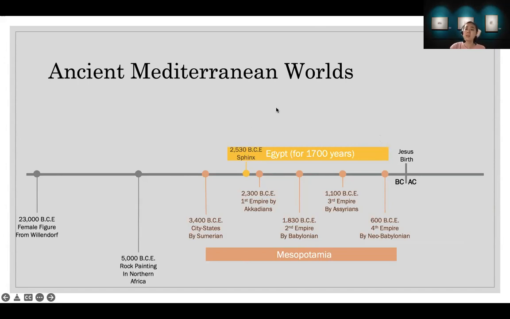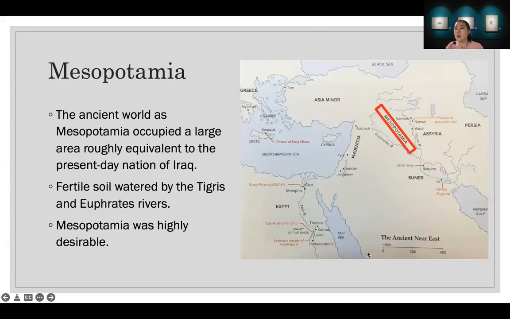So now let's see Mesopotamia first. So the region known to the ancient world as Mesopotamia occupied a large area, roughly equivalent to the present-day nation of Iraq.